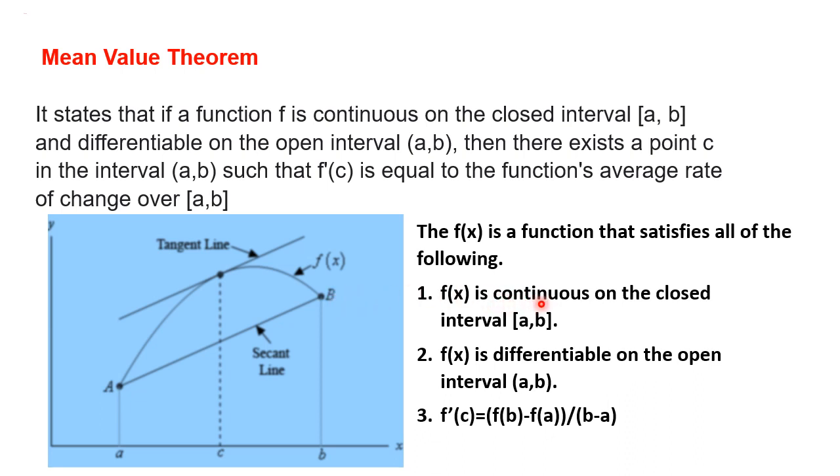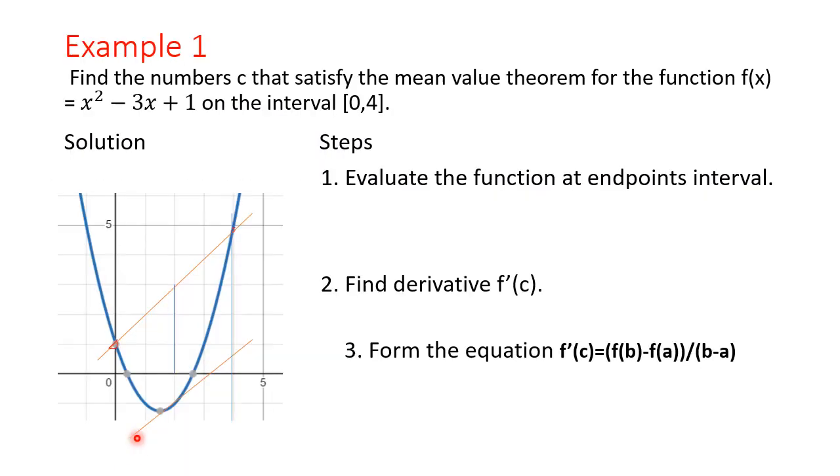Number one, continuous. Number two, differentiable in the open interval (a, b), and that f prime of c equals f of b minus f of a all over b minus a. So we'll take up an example on this one.